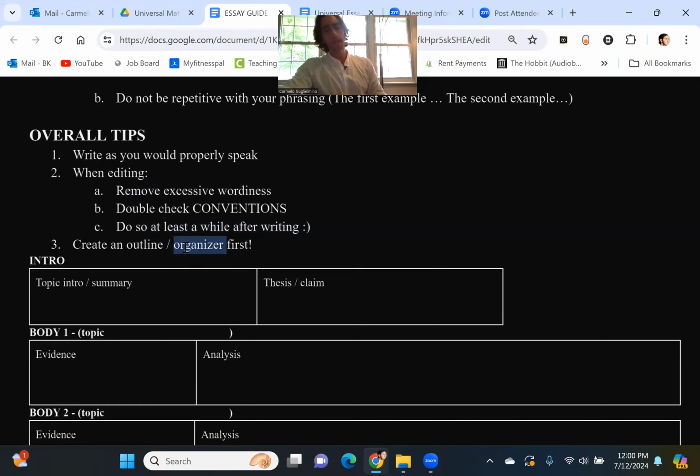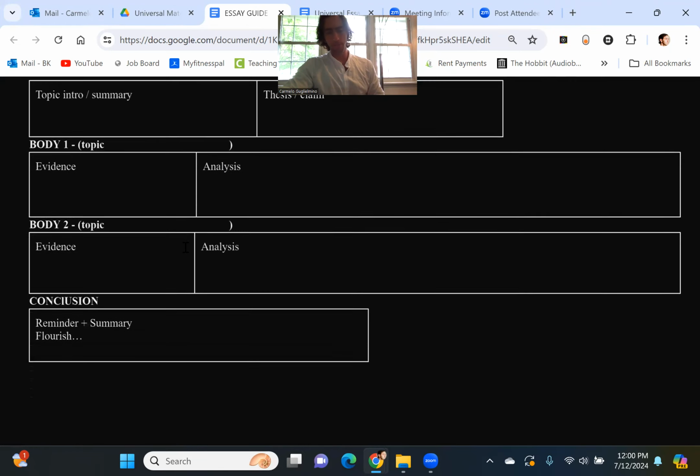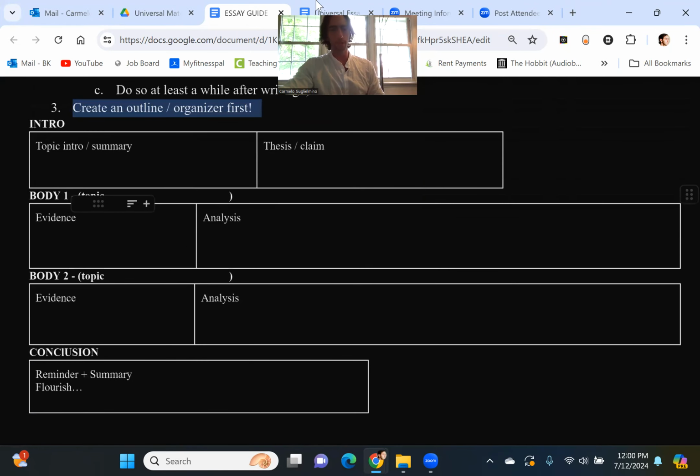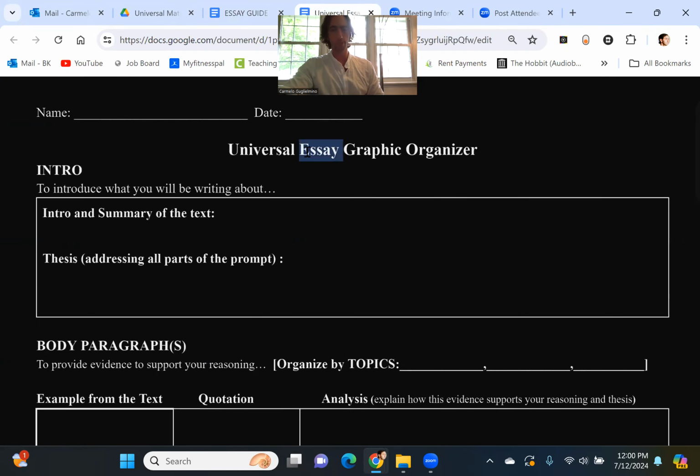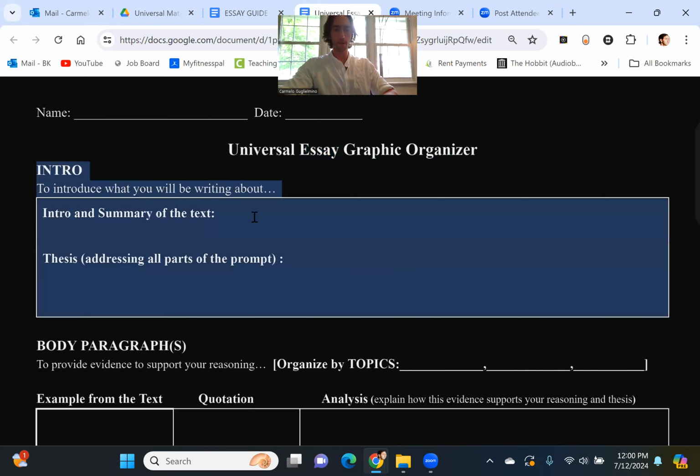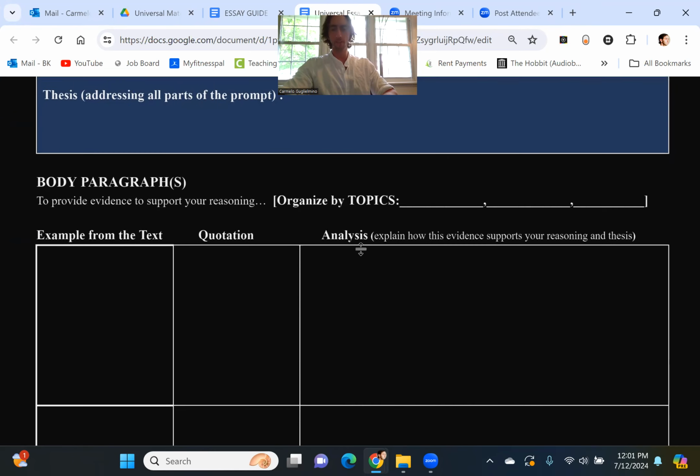Okay. And then of course, create an outline and organizer first. I give my students the option of using graphic organizers. This is what mine looks like in class, just a universal essay organizer. You can see that it follows the same structure of what I just taught you, essentially. We have our intro with the summary and the thesis. We have body paragraphs.